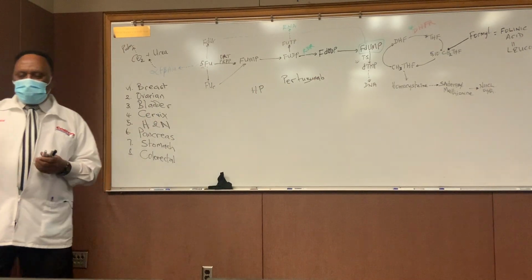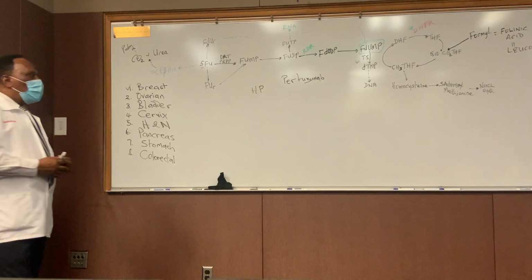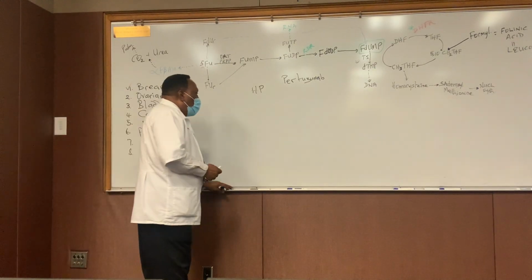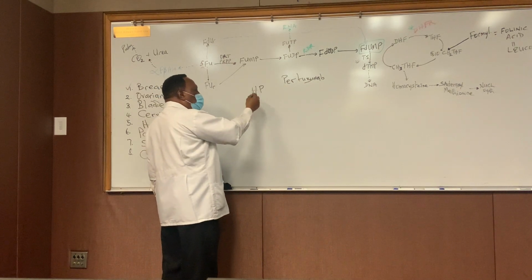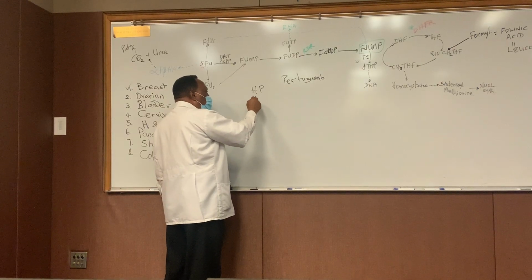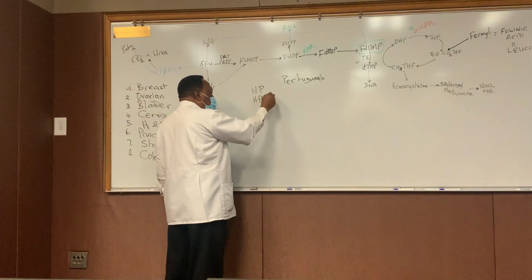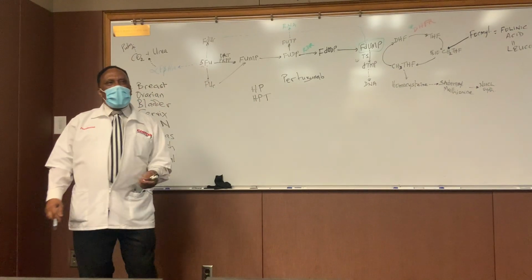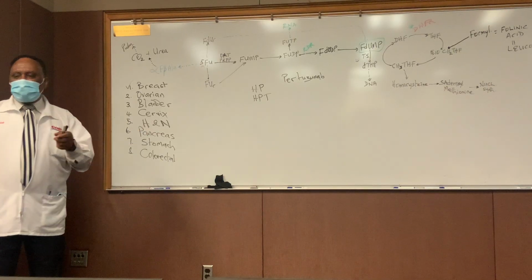So trastuzumab plus pertuzumab. You can use that, and you can use a combination like HPT, in which case you just add Taxol to that Herceptin pertuzumab combo.